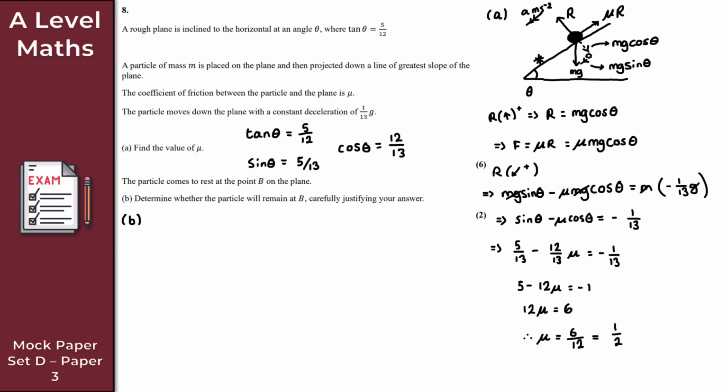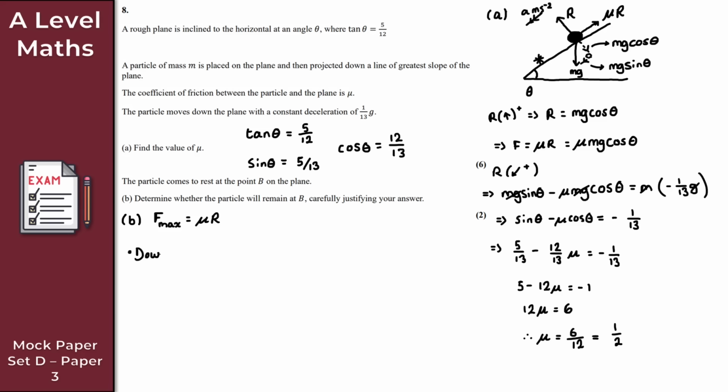Well, the particle here will remain if friction is large enough to prevent sliding, right? If the friction isn't large enough to prevent sliding, then it'll just continue to move down the plane. But if friction is large enough, then it will remain at B, right? So what we know here then is F max, the maximum frictional value here, is equal to mu R, okay? Now, we know then, going down the plane here, we've got mg sine theta, right? It's this component here. Let me make a quick note then.